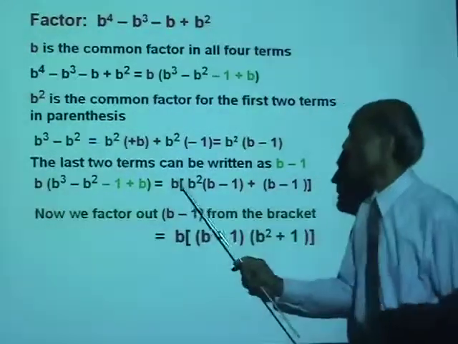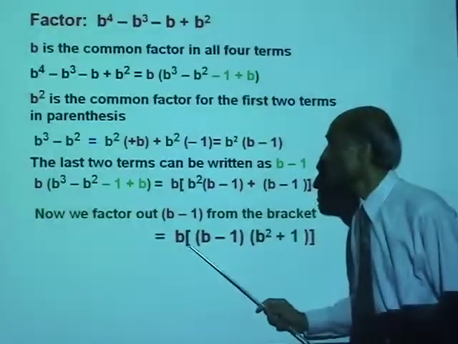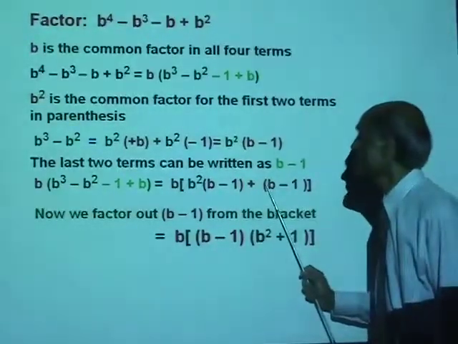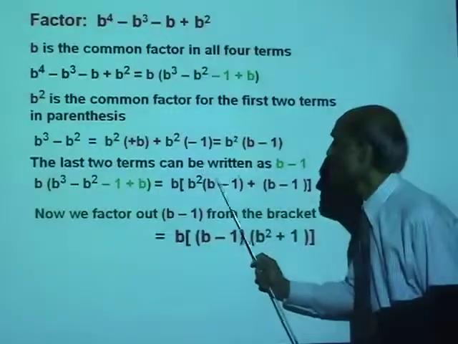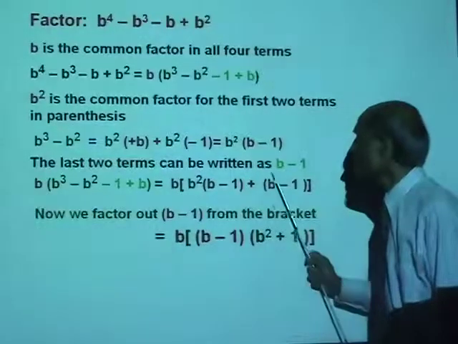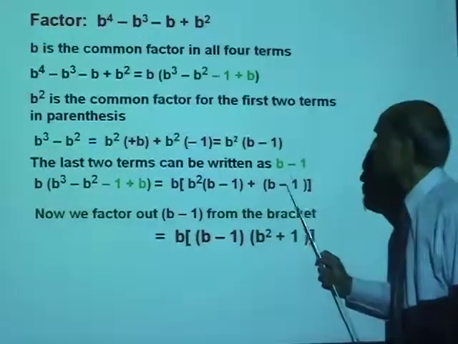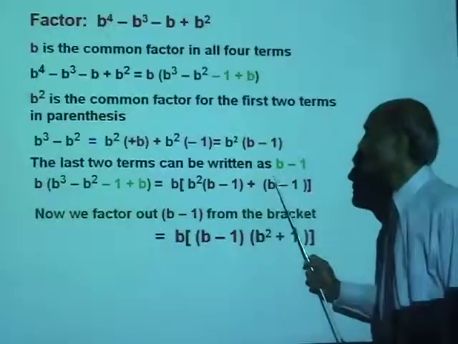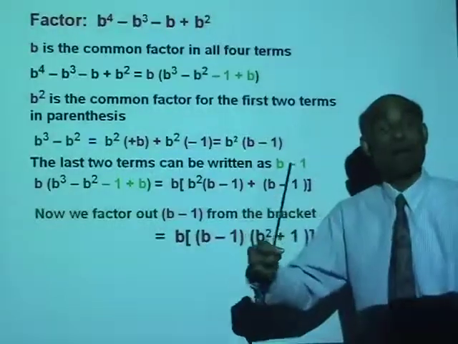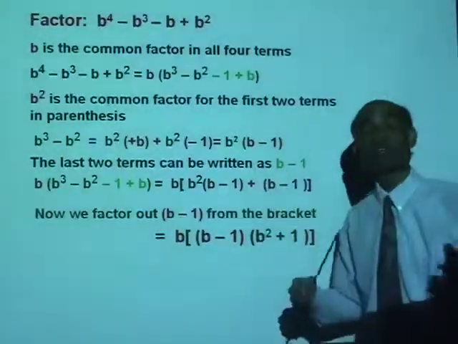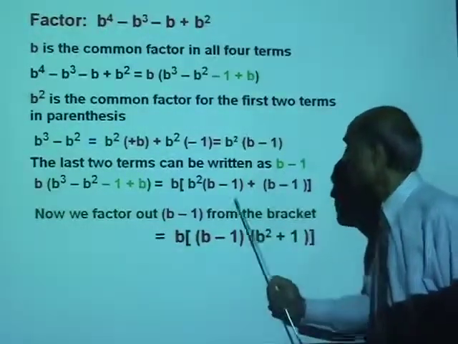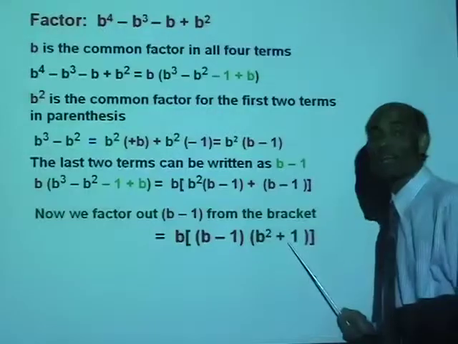So now we factor out b minus 1 from the bracket. What does that give you? That will be b times bracket. b minus 1 gets factored out. Tell me what is left. In the first, after b minus 1 is factored out, you are left with the b squared. What is left here after b minus 1 is factored out? Remember, any number is the number multiplied by 1. So b minus 1 is b minus 1 multiplied by 1. When the b minus 1 is factored out, you have a plus 1 left there.